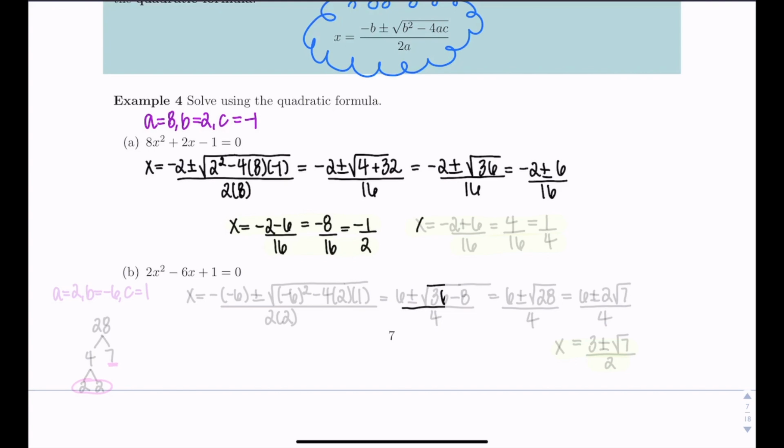We also have x is equal to -2 plus 6 over 16, but this is 4 over 16, which is 1/4. So our two solutions are x equals -1/2 and x is equal to 1/4. Now go ahead and pause the video and attempt B for yourself.